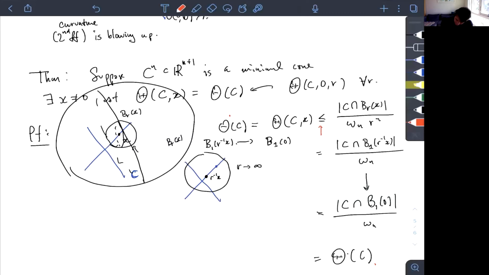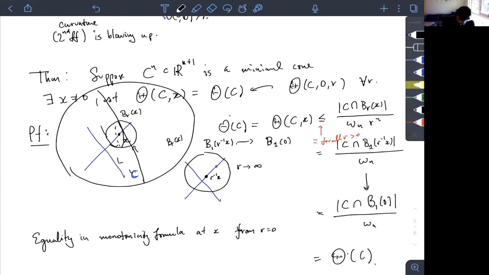And so what you find out is that this must be equality for all R. So the only way that this could logically hold up with the monotonicity formula is that you have equality here for all R. But now this means that you have equality in the monotonicity formula, right, between R equals 0 and infinity.